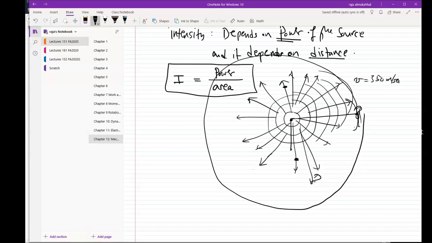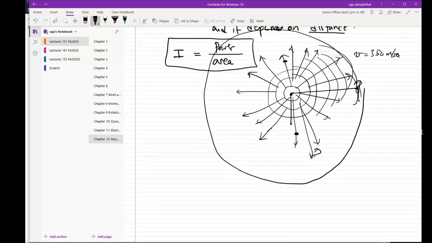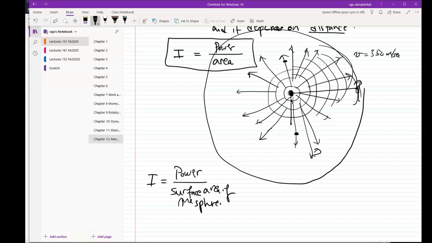The way intensity is defined, the one I just showed you, is that intensity is equal to the power of the source, where the source is, siren or light bulb, whatever, divided by the surface area of the sphere that reaches the observer.